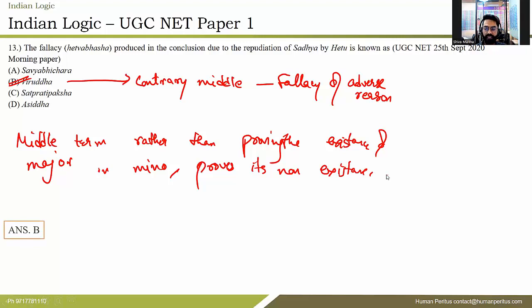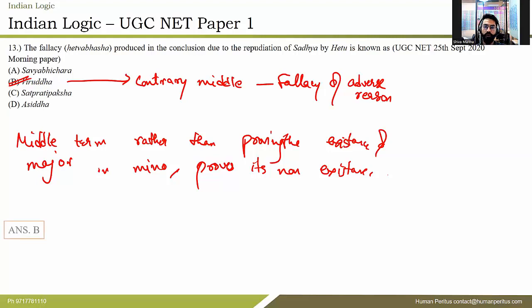The very basic example which can be given for this particular type of fallacy is sound is eternal because it is caused. Can just the reason of being caused be enough to keep a sound eternal? No, it does not prove its eternity, right? So that is Viruddha. And this is what they have asked in the question.